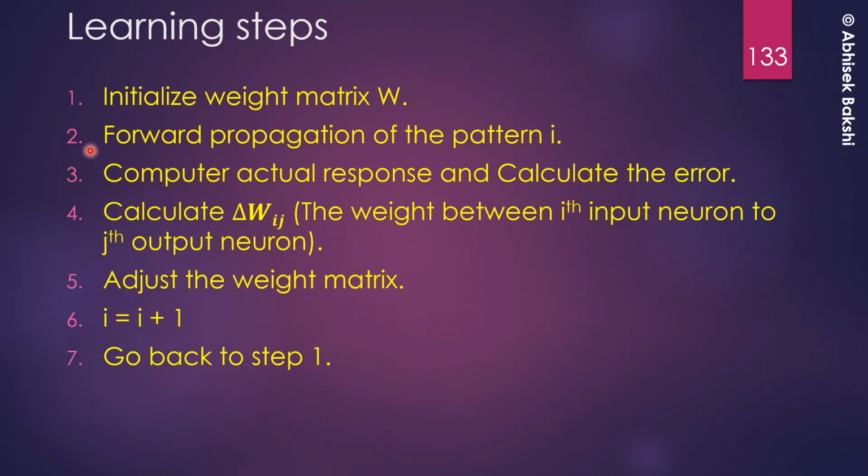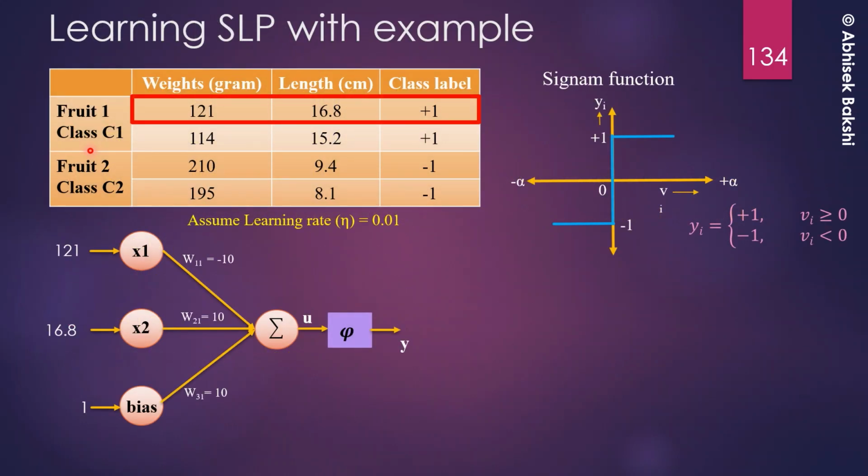Now let's come back to the example again, and let's see what's happening if I follow this set of steps. So you start with this. I'm taking the first pattern. I have this class label in my hand. This class label will be useful once I get the predicted output. Since it's a binary classification problem, I'm considering the class label as either +1 or -1.